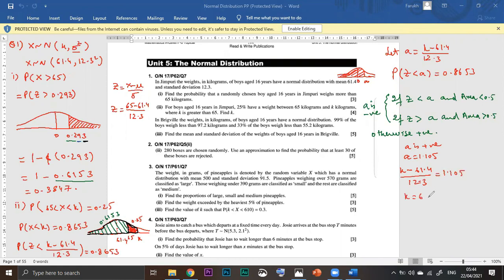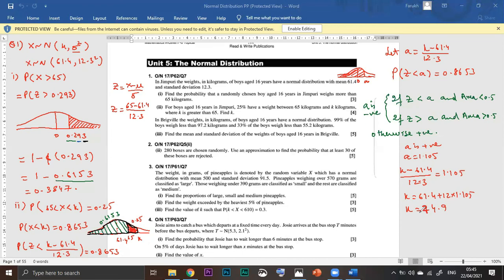K is equal to 61.4 plus 12.3 into 1.105. What is the final answer? 74.9. 74.9 is the final answer.